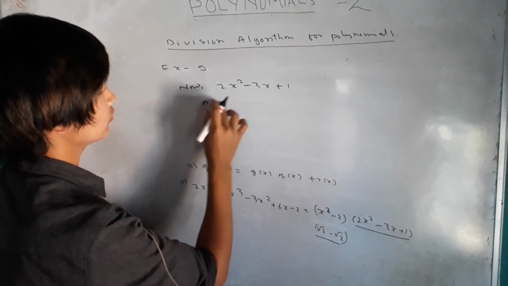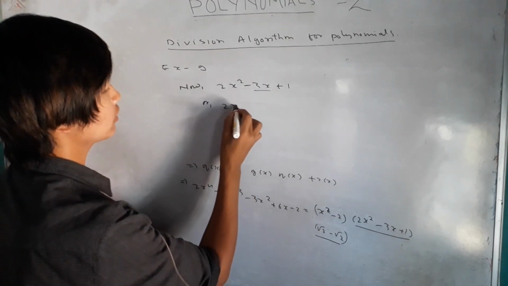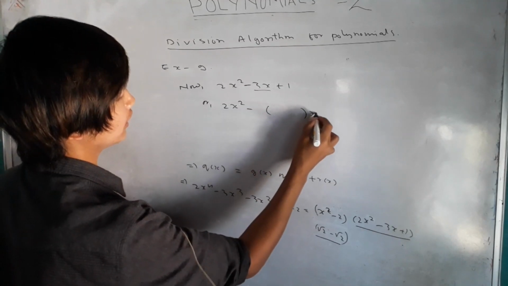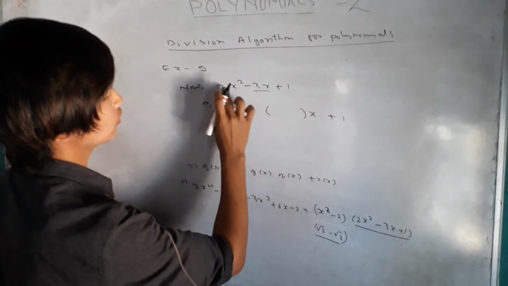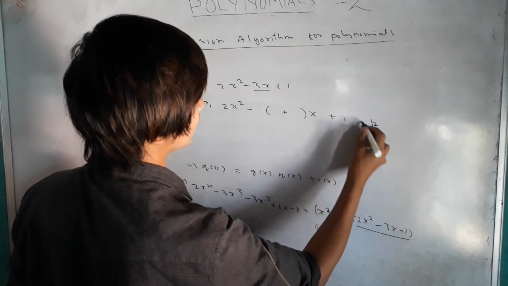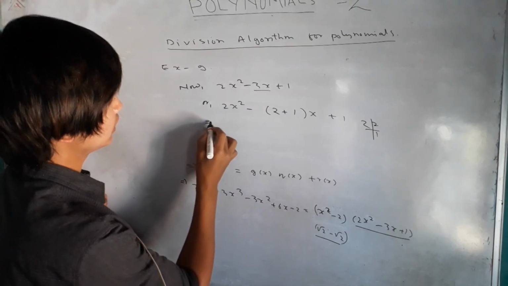So I need to factorize it by middle term. It has three terms, so I'll do middle term splitting. Minus, I'll copy the same, I'll write here x, here plus 1. So plus into plus, plus, 2 into 1 is 2. So I'll factorize 2: 2 plus 1 will be 3.